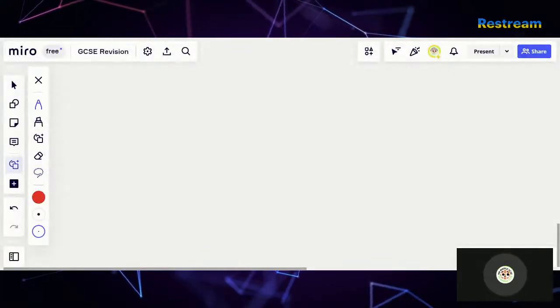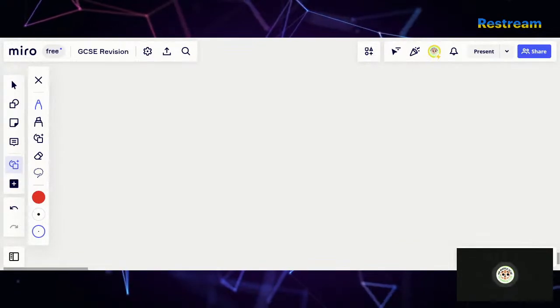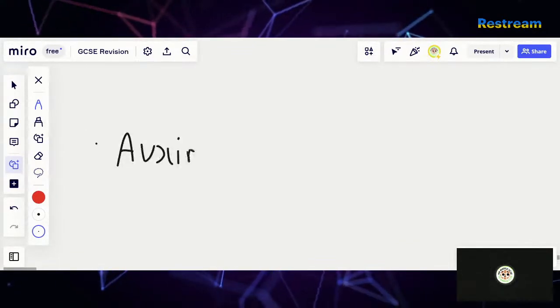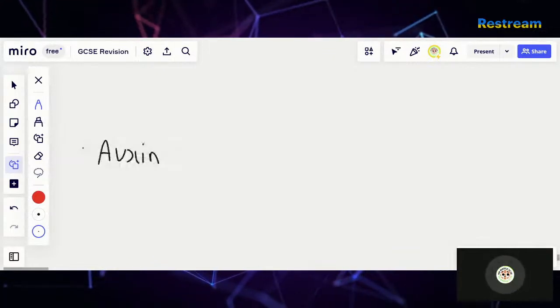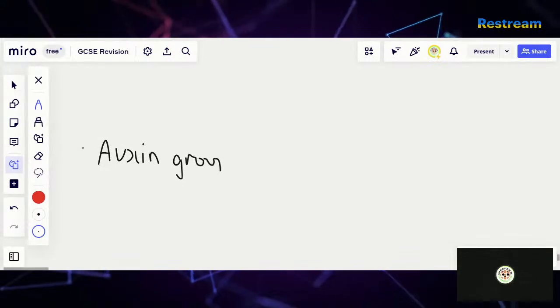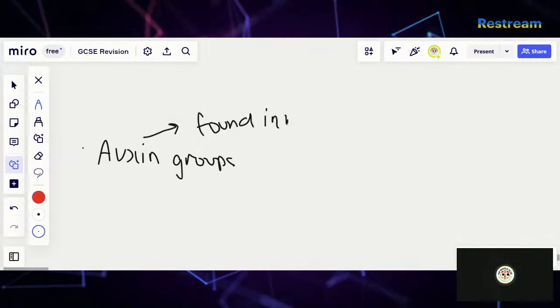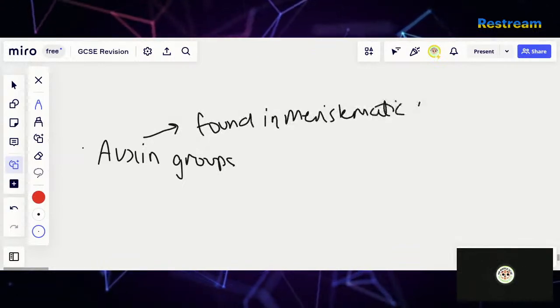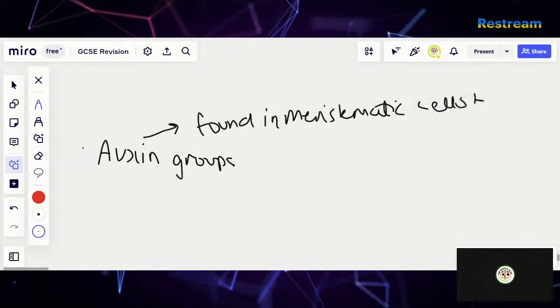So how does auxin make a plant grow towards the light? So what you need to say here is the hormone auxin groups... Well, first of all, it's found in the meristematic cells. So at the roots and the shoots.